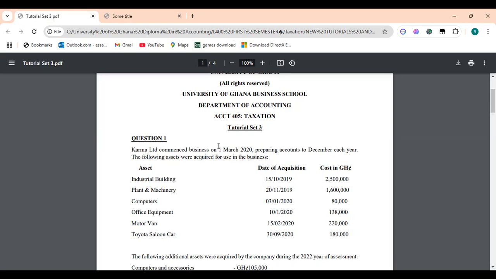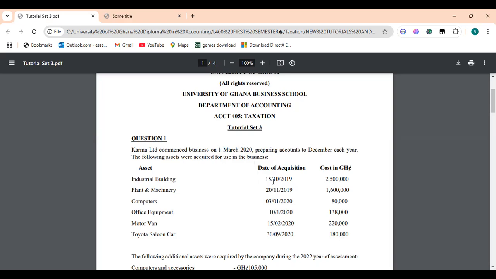The basis period for this particular business for the first year will be, since you prepare accounts on December, from 1st March up to 31st December. So you have to take the days into consideration. Any assets you bought in here, irrespective of the dates they were bought, will be granted capital allowance within this basis period. So look at this.